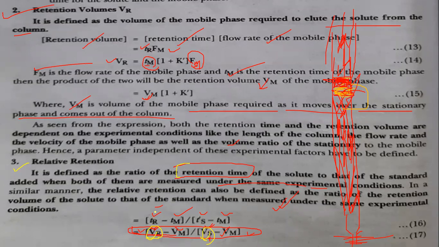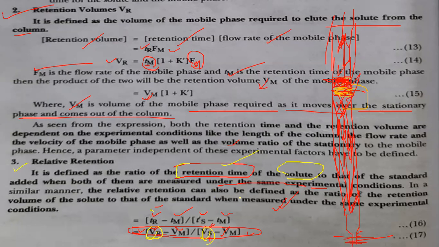So relative retention can be expressed in terms of time or in terms of volume. Again I'm going to repeat this. It is defined as the ratio of retention time of solute to that of retention time of standard, under the same experimental condition.